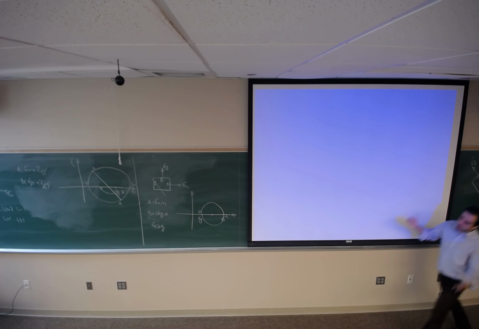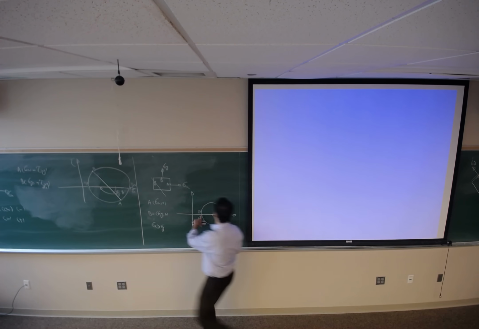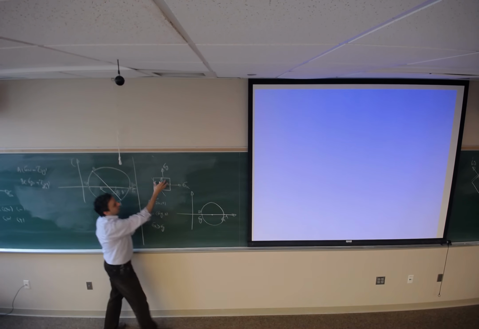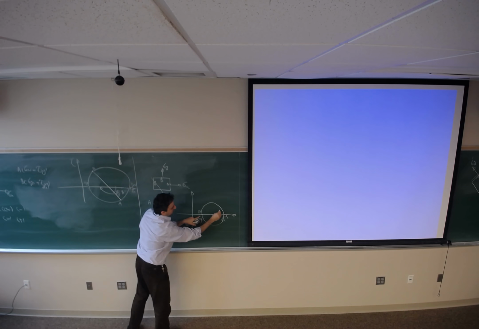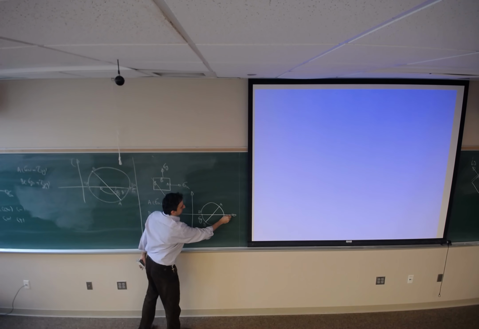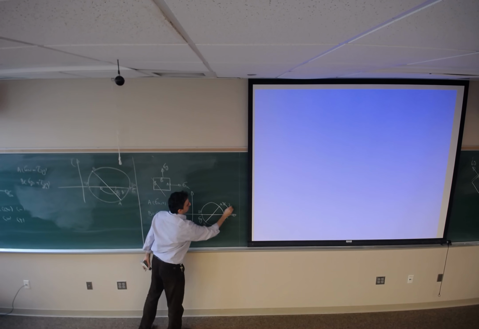We are going to use the same thing. We are going to rotate line AB by the angle of 2 theta in the counterclockwise direction. So suppose point A is going to be right here, point B is going to be there, and this angle is 2 theta.